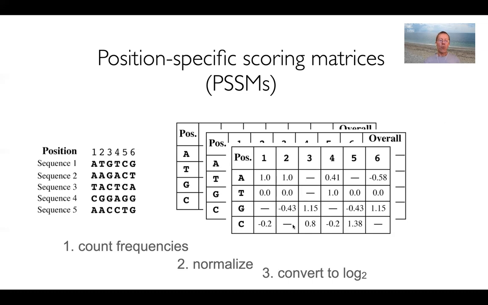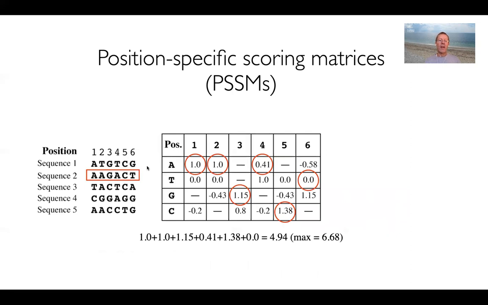So if you now want to score a particular sequence, to get some kind of measure for how well that sequence conforms to the multiple sequence alignment, basically what you do is you take the sequence and sum the scores for that sequence in the matrix.